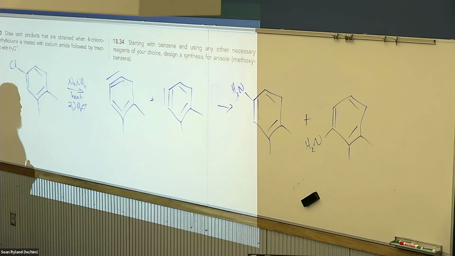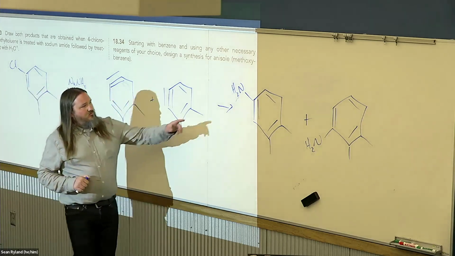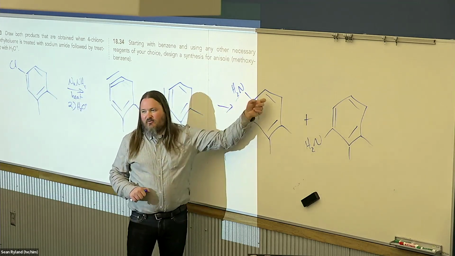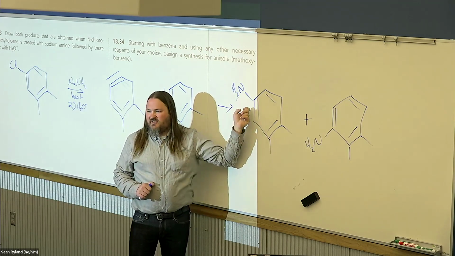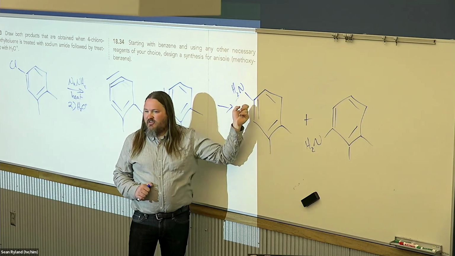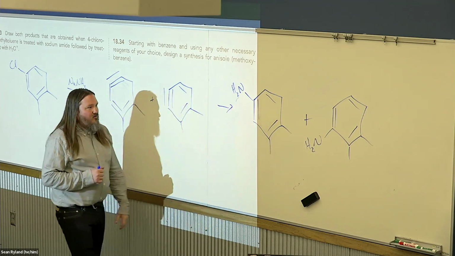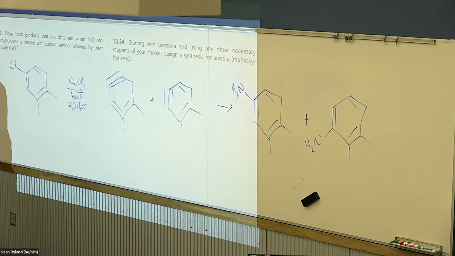By the way, we could tell the difference between the two, putting the nitrogen here and here, if we did one of those isotopic substitutions. If one of these was a carbon 14, then we'd be able to tell the difference between them. But as it is, they're the same.